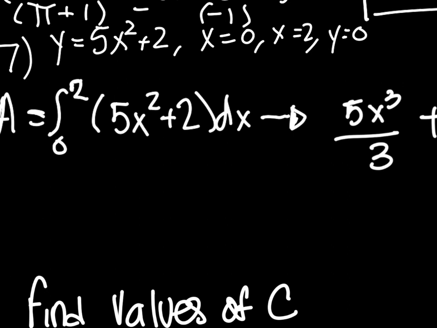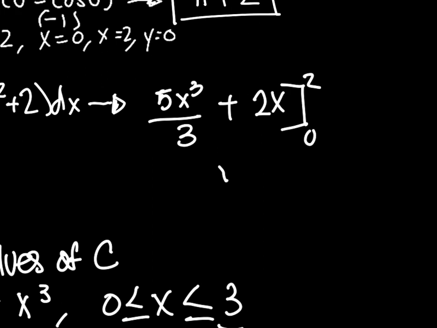The lower limit 0 gives us 0 over the denominator, plus 2 times 0, which is nothing.